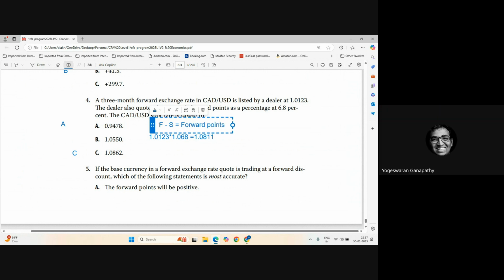Here we have to find S, so we subtract: F minus FP. You just rearrange the formula.